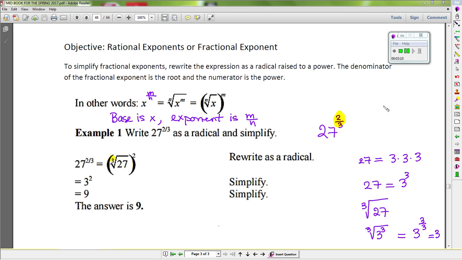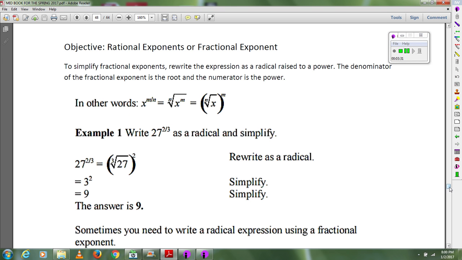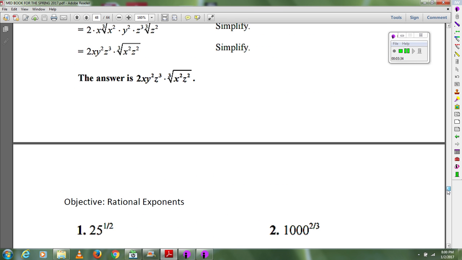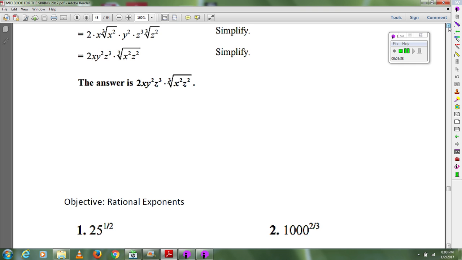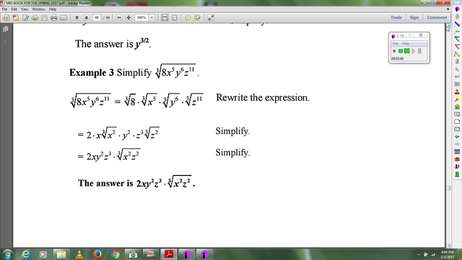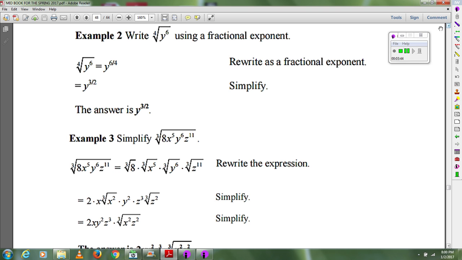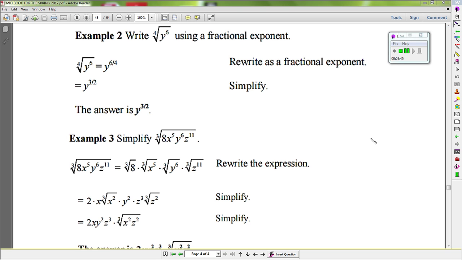Now let's do more examples. Let's do the next one now. So again I'm going to write out the formula again.